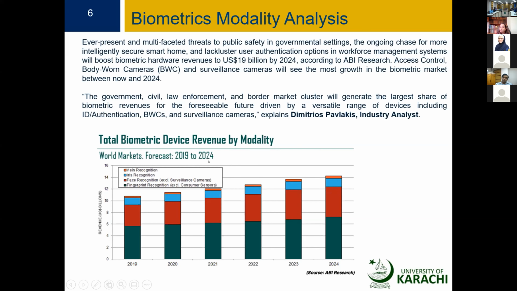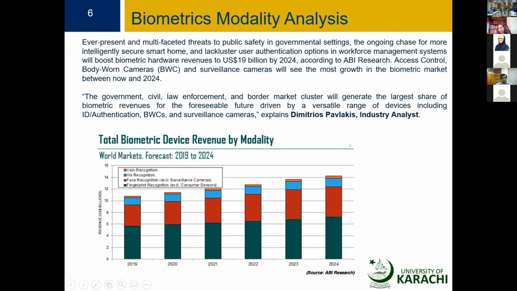Until 2024, you can see face recognition is going to capture the market, which market analysts are seeing. And this is the market worth. It varies between 19 billion and 24 billion as per my research, which I did last night. This is the ABI research.